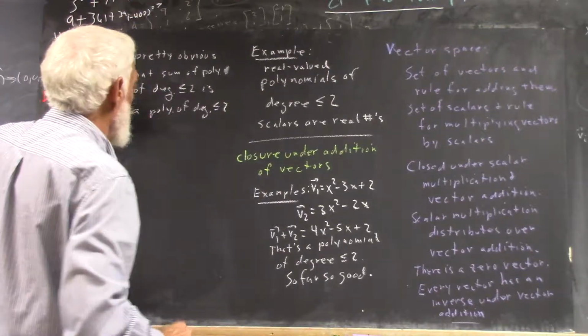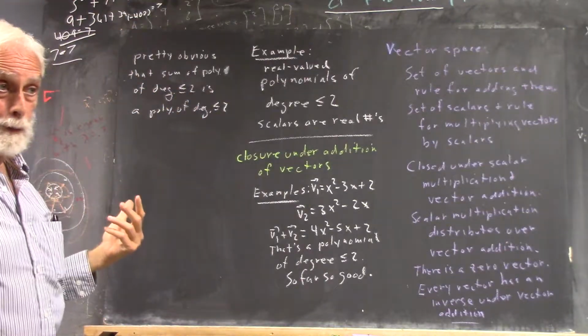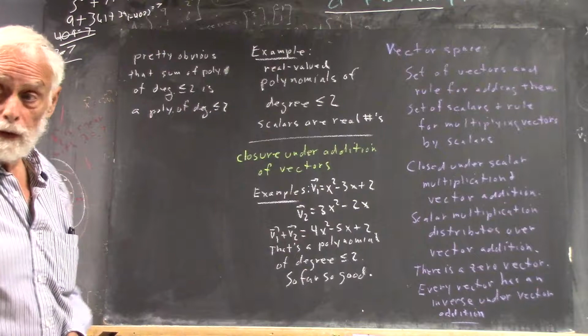Okay, that just says it's pretty obvious the sum of polynomials of degree less than or equal to 2 is a polynomial of degree less than or equal to 2.